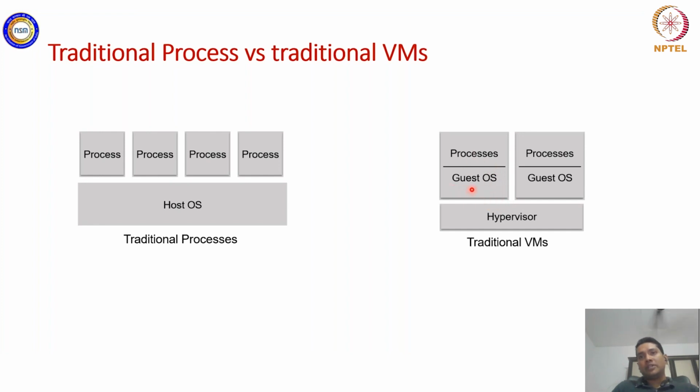All these guest OSes see the hardware, and a process only knows about the system calls it invokes on its guest OS; no other system calls are there inside this guest OS for the process. These processes' system calls are routed through the guest OS, which is in a completely separate virtual machine. So the isolation here is completely rigid, and these are the two extremes that we can see here, right?